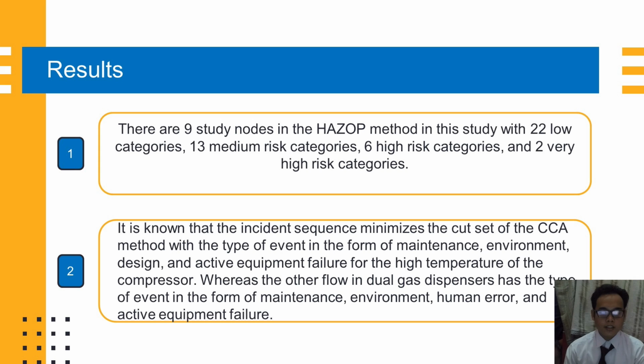The other result is that the incident sequence minimal cut set of the consequence analysis method has types of events in the form of maintenance, environment, design, and active equipment failure for the high temperature of the compressor, whereas the other flow in the dual gas dispenser has types of events in the form of maintenance, environment, human error, and active equipment failure.